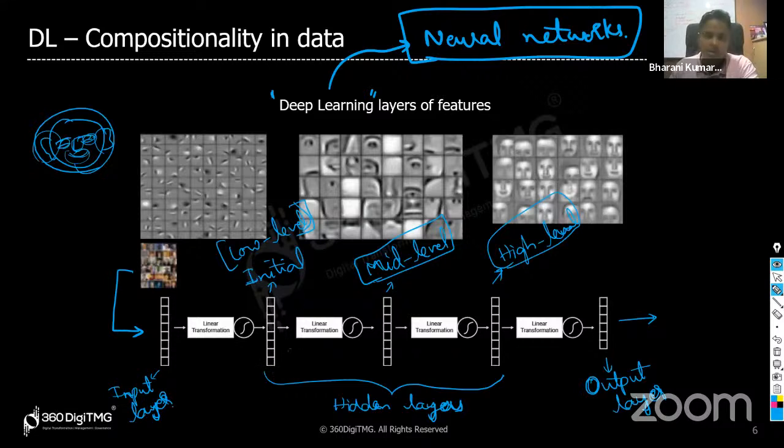You need not have just one hidden layer. You can have 2, 3, 4, 5, 6, 7,000, 10,000, 20,000, 100,000, your wish. Hence, it's called deep learning. You can get to any depth you want. You can increase the hidden layers infinitely.